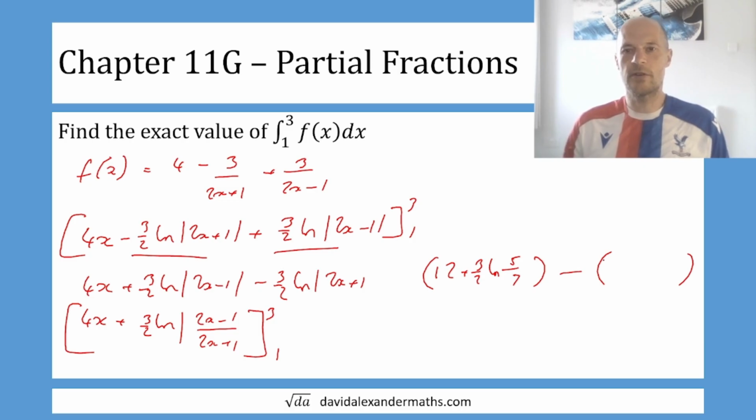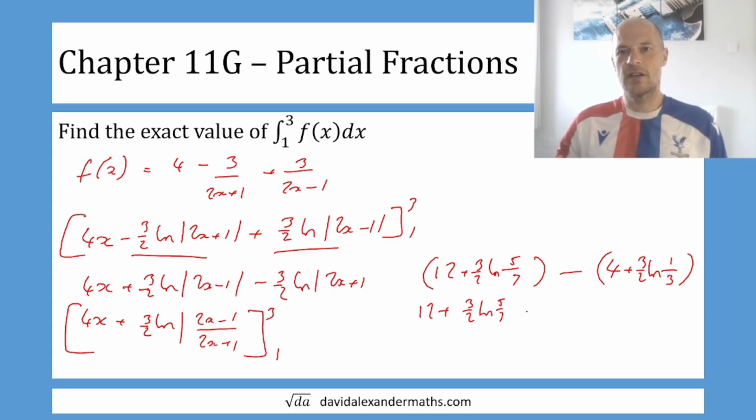Let's put 1 through the function, so that's going to be 4 times 1, which is 4, plus 3 over 2 ln of 1 times 2 is 2, take away 1 is 1, and on the bottom that will be 3. Okay, so what we have is 12 plus 3 halves ln 5 over 7 minus 4 minus 3 halves ln of 1/3.